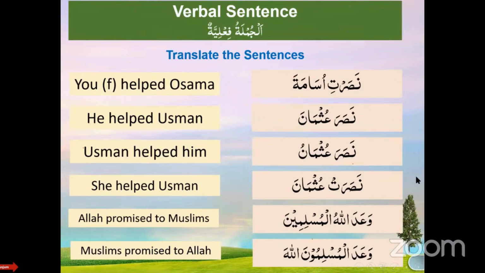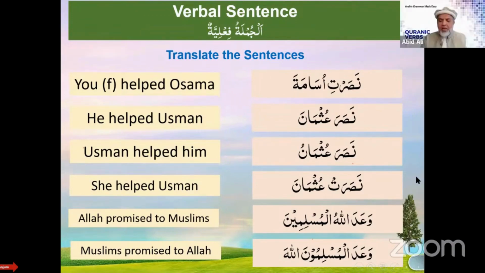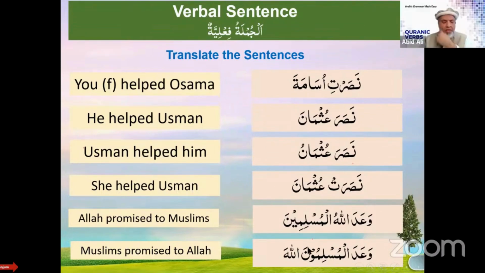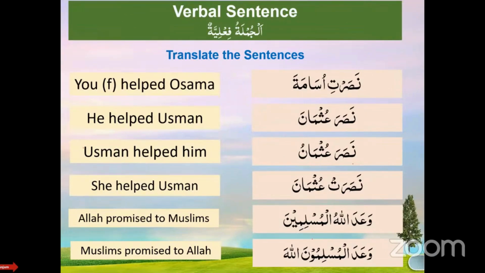Are you guys able to appreciate how these little things can change the meaning, and how you can understand the Quran better with this information, inshallah? Just a question on the last one. Is Muslimuna singular, plural or dual? It's plural.